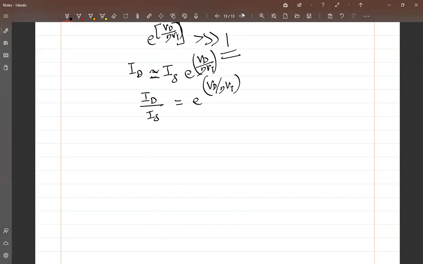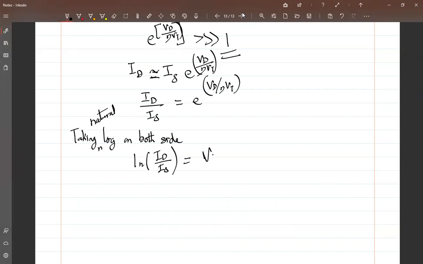Now if you take the natural logarithm on both sides, because these are varying parameters, we can write ln of ID by IS is equal to VD by eta VT.